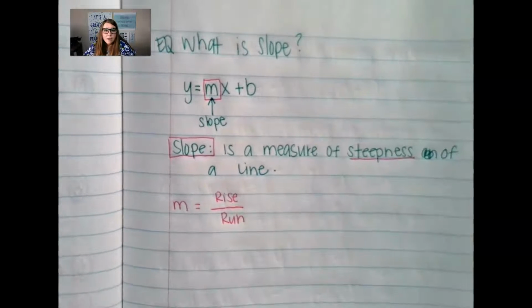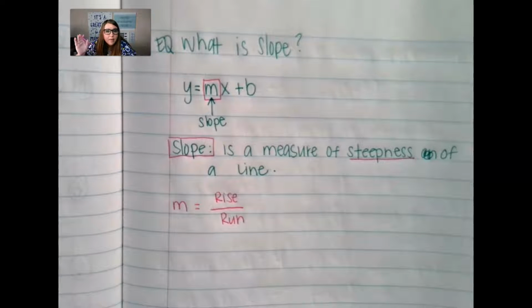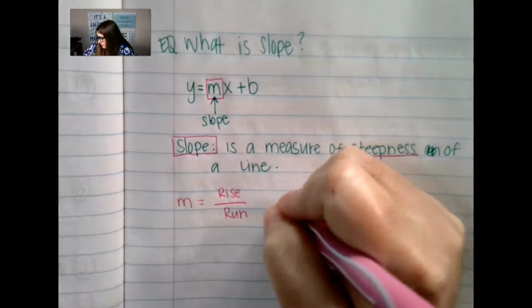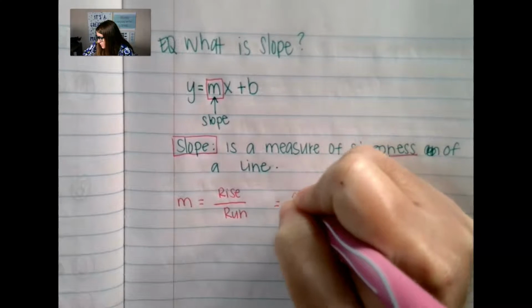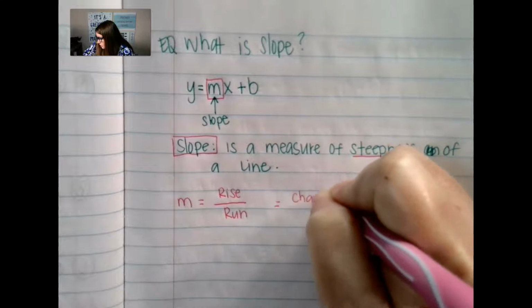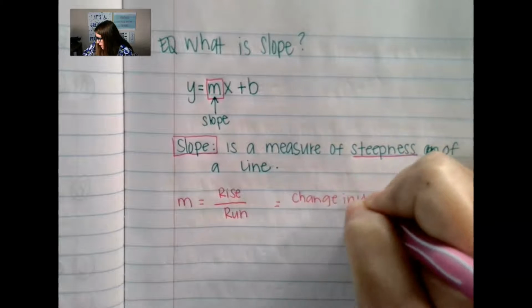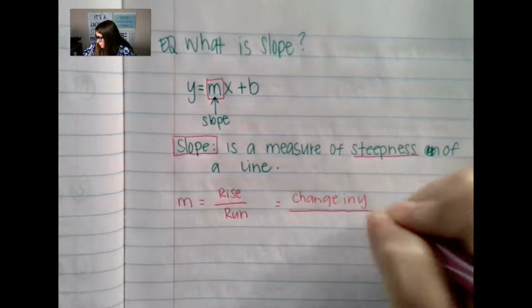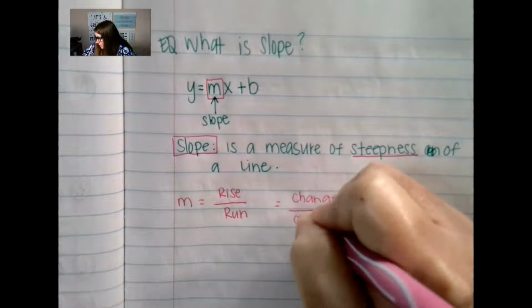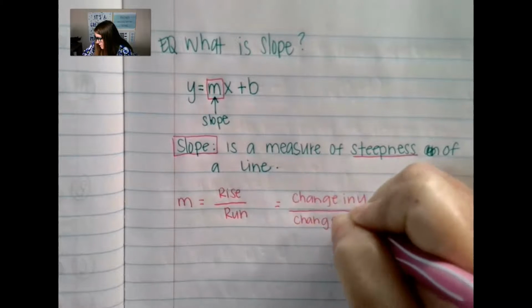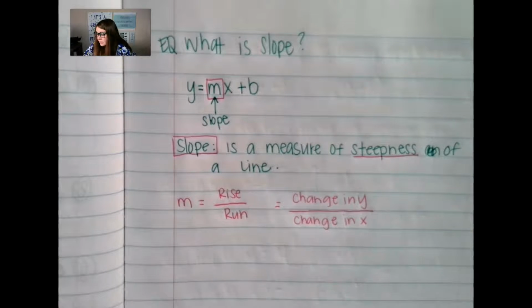So rising, like going up, and then running over. So up and over. So how far up the line goes, how far over. This means the change in y over the change that's occurring in x.